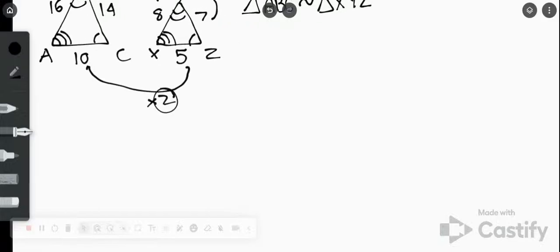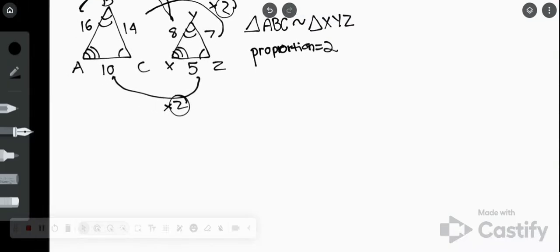So, if you want to write that down, proportion equals 2.